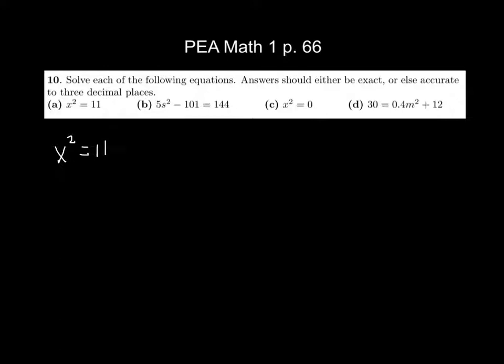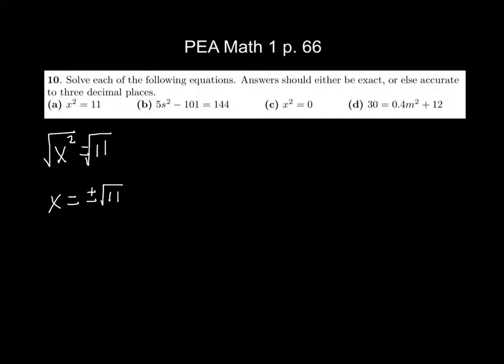The inverse function of squaring something is square rooting it. So we square root it. Now since we're doing the inverse here, we're solving, our answer would be plus or minus root 11. And that would actually be an exact answer that you can have. If you wanted a decimal form, you could find a decimal.